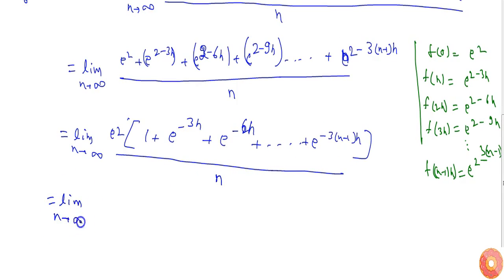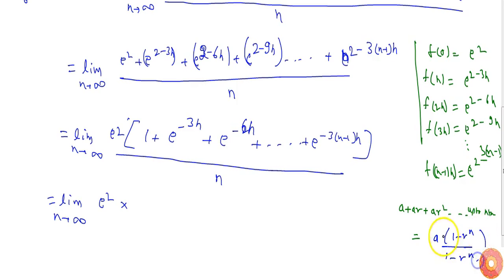Now since it is the sum of a geometric progression, I can use the formula for the sum of a geometric progression, which says a plus ar plus ar squared up to n terms. Its sum will be a(1 minus r power n) divided by (1 minus r).